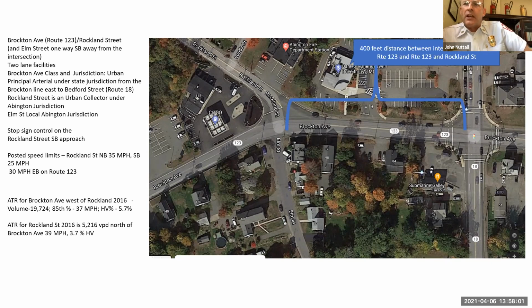But that being said, a couple of things. I agree 100% with what Bruce just said about marking the end of Rockland Street where it meets Brockton Ave with a left, a straight, and a right arrow, if we could do that. Because we've seen a lot of cars that are all the way over to the right side of Rockland Street, trying to go straight across.